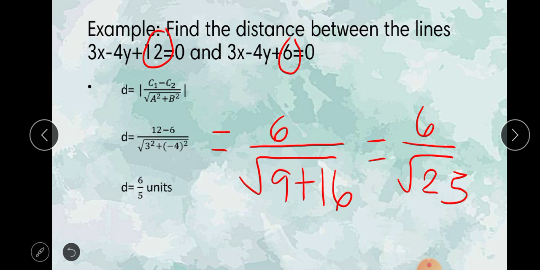So 6 over the square root of 25 is equal to 6 over 5 units. So the distance between the lines 3x minus 4y plus 12 and 3x minus 4y plus 6 is 6 over 5 units.